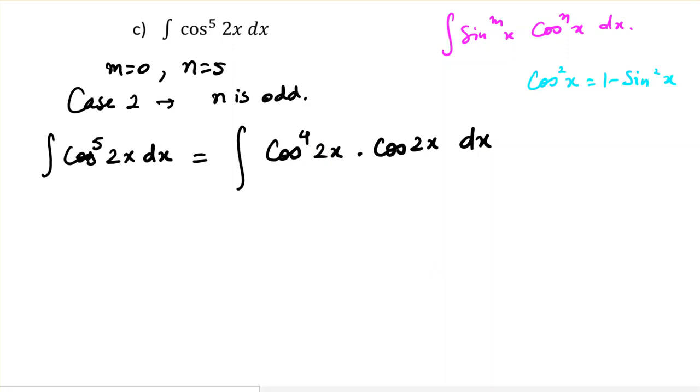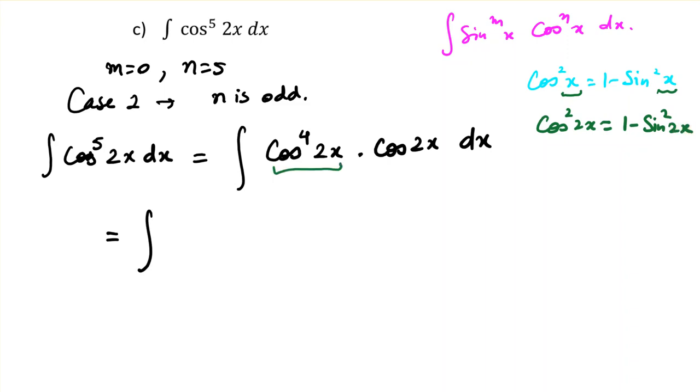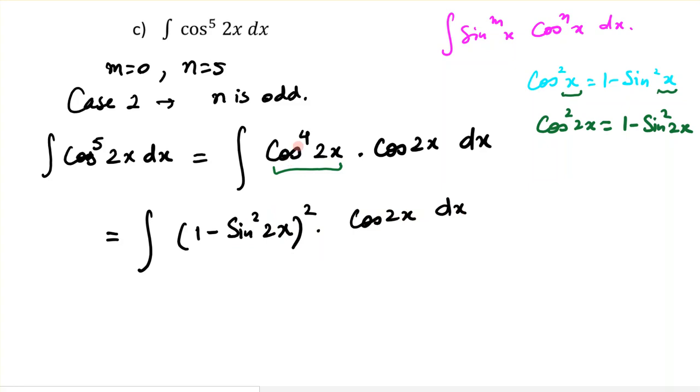But now in this case, our angle is not x, our angle is 2x. So our relationship becomes cosine square 2x is equal to 1 minus sine square 2x. Using that, here we got 1 minus sine square 2x, the whole thing squared, cosine 2x dx, because this is cosine square 2x, the square of the whole thing.